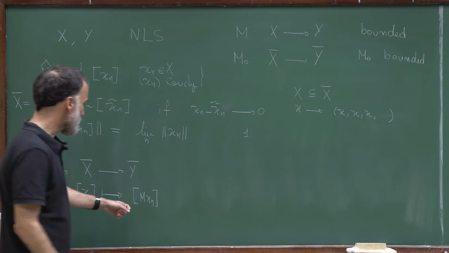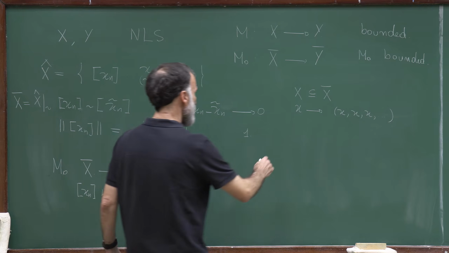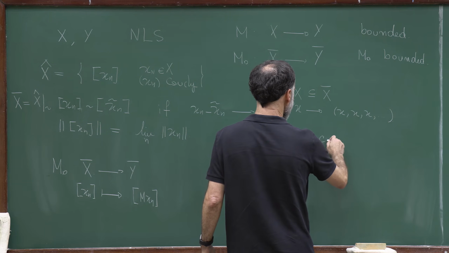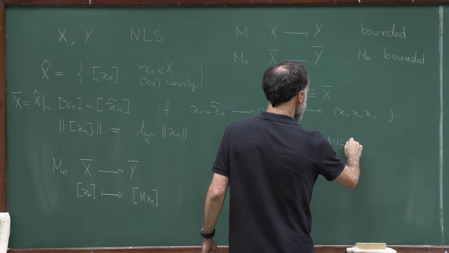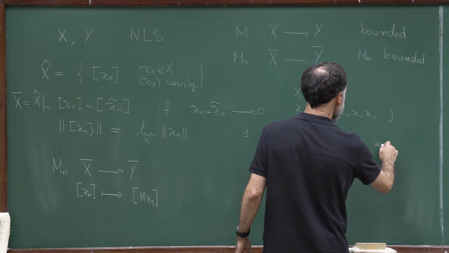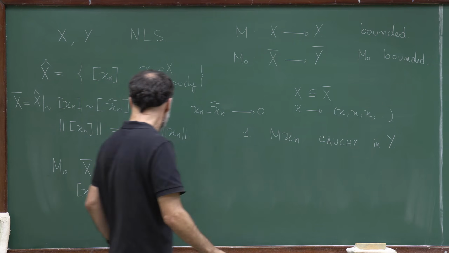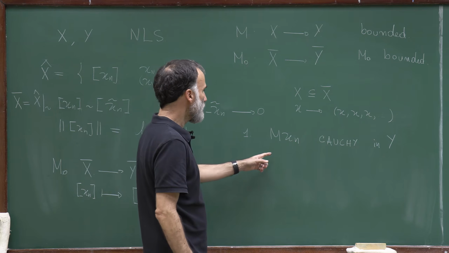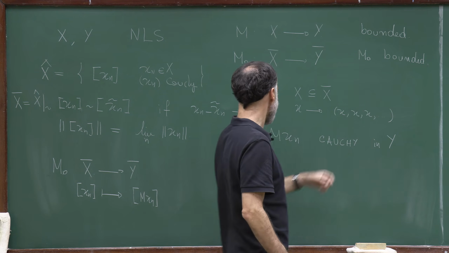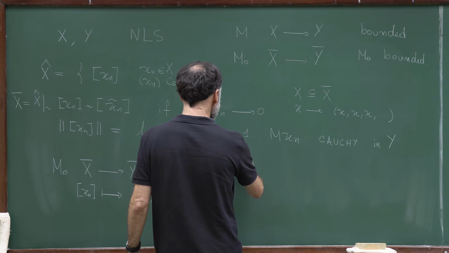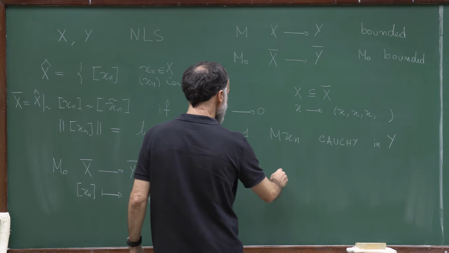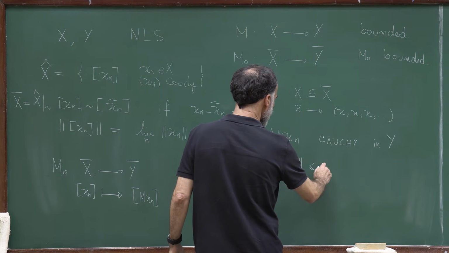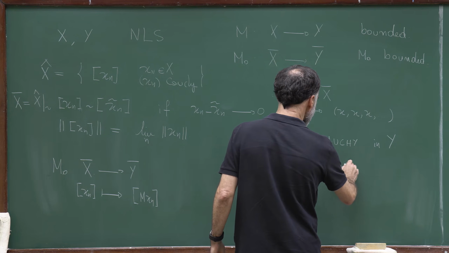First, let me show that M of x_n is a Cauchy sequence. So my claim is that M of x_n is a Cauchy sequence in Y, provided x_n is a Cauchy sequence. But this is clear because M is bounded, which means that there exists a constant c0 such that the norm of M of y is bounded by c0 times the norm of y.